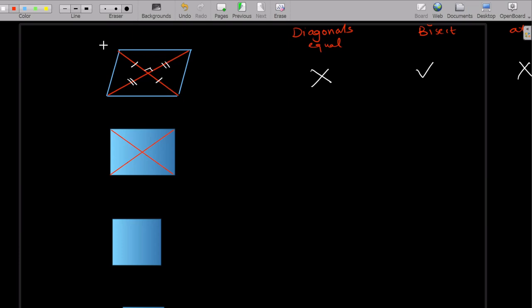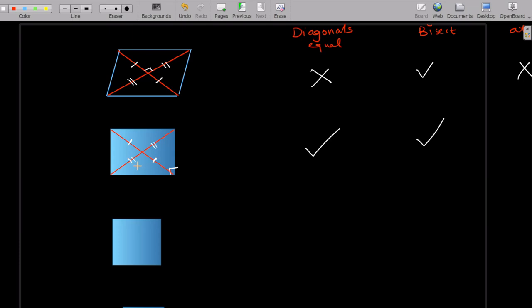Because you can actually prove it by Pythagorean theorem, because this diagonal will be equal to the sum of the squares of the length and the width, and this one will also be equal to the sum of the squares of the length and the width. Okay, so diagonals are going to be equal. Will they bisect each other? Yes. Okay, and will they bisect at 90 degrees?